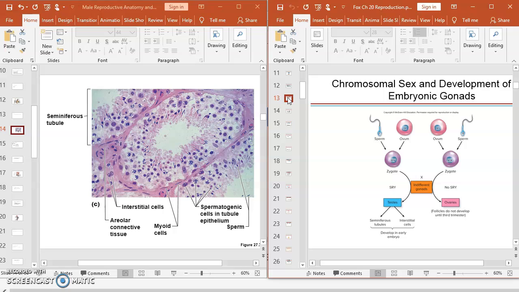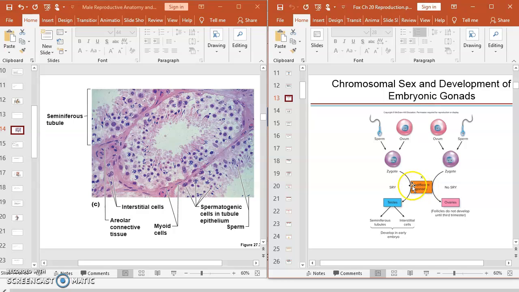So what will happen is this. The sperm meets the egg, you get the zygote. In this case, this is an XY. So in this XY, the Y chromosome would have the gene SRY, which would give testes determining factor.